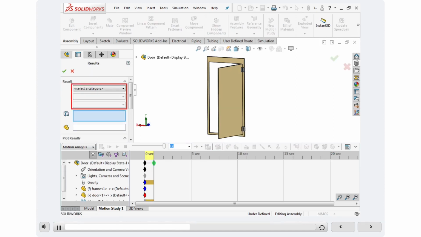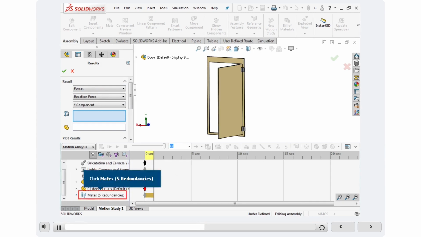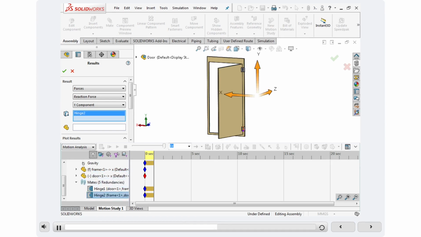Click Forces as category, Reaction force as subcategory, and Y component as reaction force magnitude. Scroll down Motion Study 1. And click Mates, 5 redundancies. Then click the second hinge mate from the motion tree. Click OK.